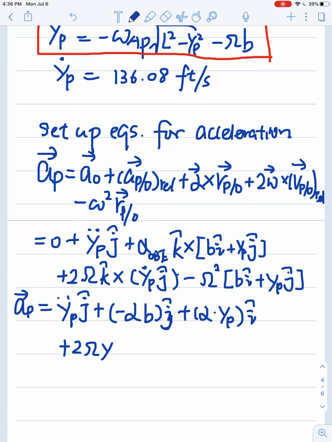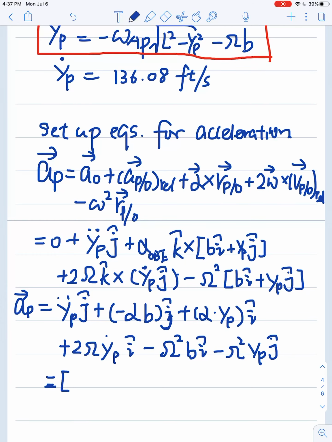So here we have 2 omega YP dot, that's I direction, minus, here we end up with omega square Bi minus omega square YPj. Okay, now we have 3 j terms and 3 I terms. Let's combine them.